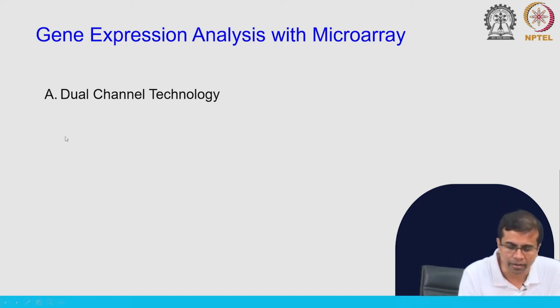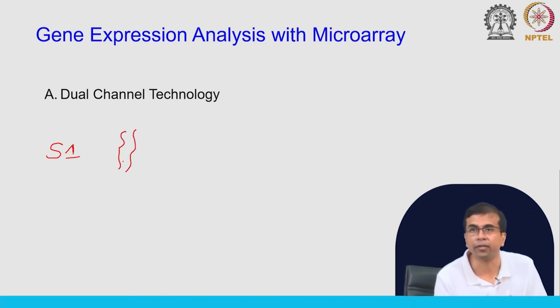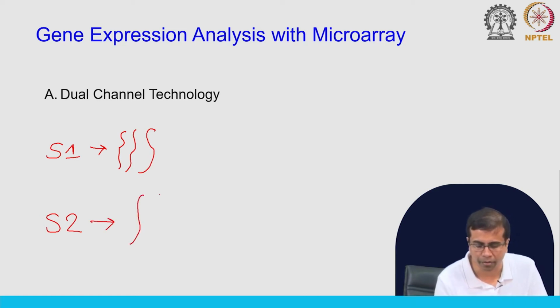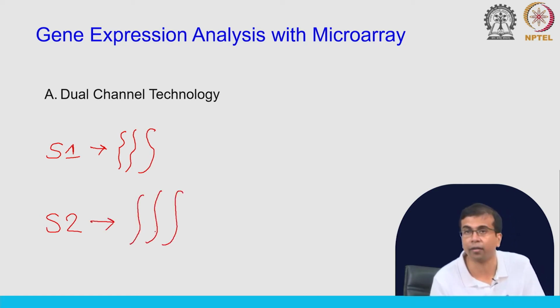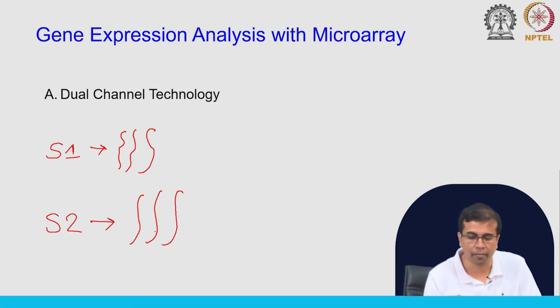So, you can imagine this. You have sample 1 from which you get RNA molecules, which are converted to cDNA, and you have sample 2 from which you also get RNA molecules that are converted to cDNA, according to the flow diagram.